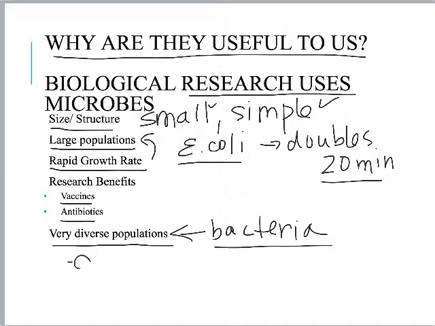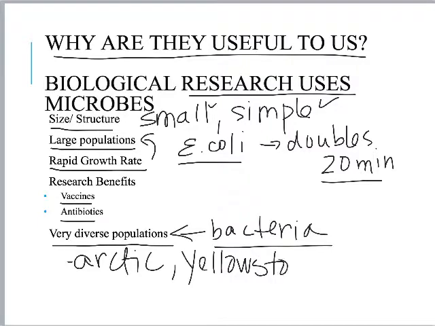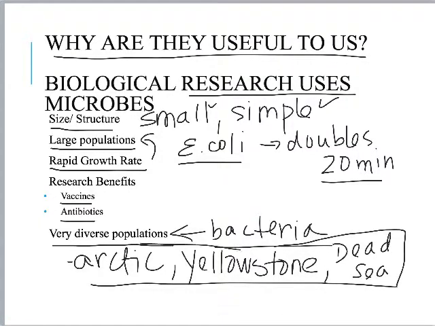You could find them in the Arctic, in frozen situations, in the hot springs in Yellowstone, in really hot places, and in the Dead Sea, which is super salty. Bacteria have developed lots of unique biochemical pathways that allow them to survive in really unique environments, and that leads to a lot of diversity. So you can find out different things by comparing something found in a human body to something found maybe in the Arctic.